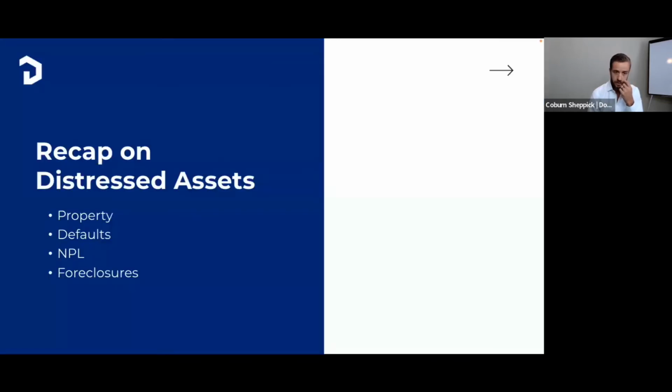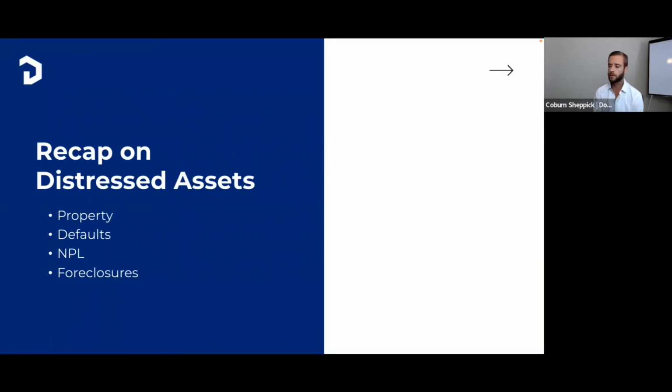So to dive right into it, a quick recap on distressed assets and what that looks like. Distress obviously can look like many different things. For one, the perception from the investor or on paper from a loan perspective.